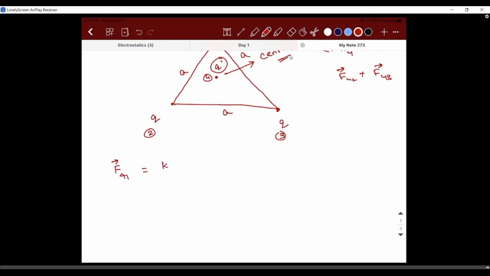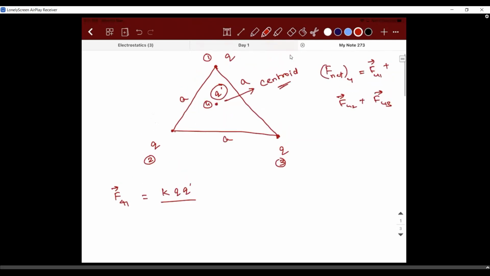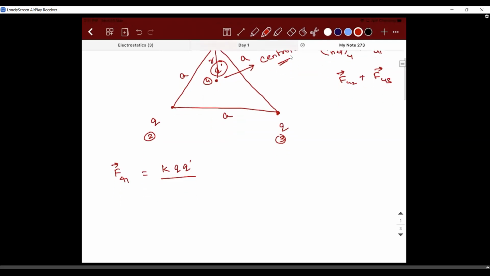K Q into Q dash divided by r squared. Why did I write Q into Q dash? Because the charge at the fourth position is q dash, and the charge at the first position is q. And if I take this distance to be r, then what is the value of that r in terms of a?